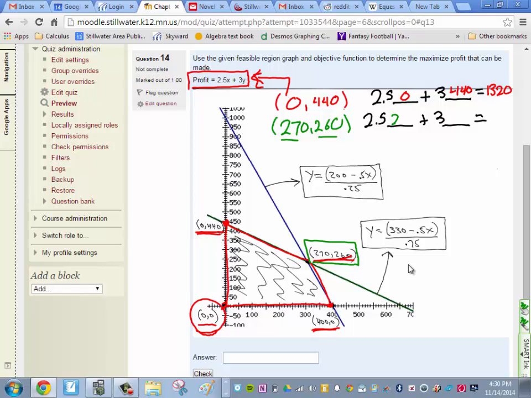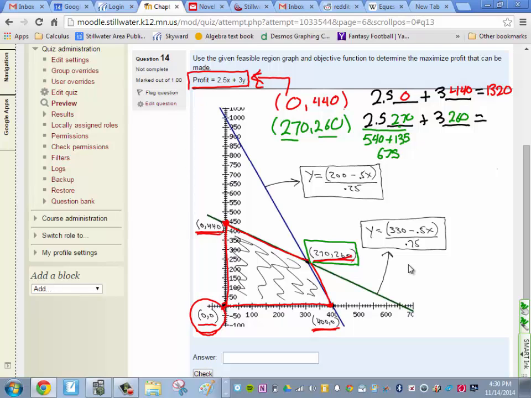So I got 270 and then 260. Okay, so 270 times 2 is 540. Half of 270 is 135. 540 plus 135 is 675. So that was this one.